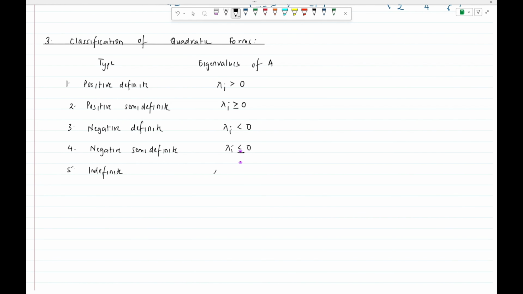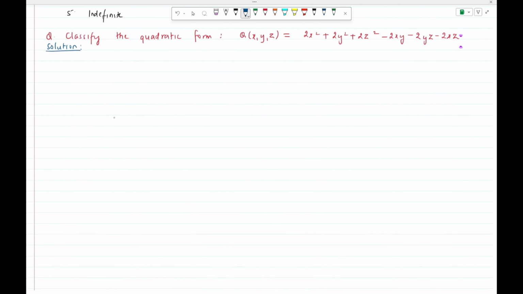So in that case you can have some eigenvalues to be positive and some eigenvalues to be negative. If this case arises, we are going to say that the given quadratic form is indefinite. Now let us have a quick example for classification of quadratic forms. Here we have a question to classify the quadratic form, and the quadratic form is of three variables.